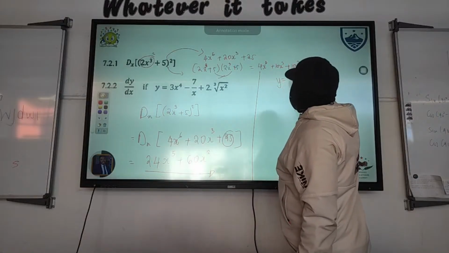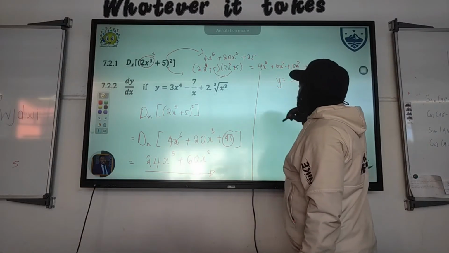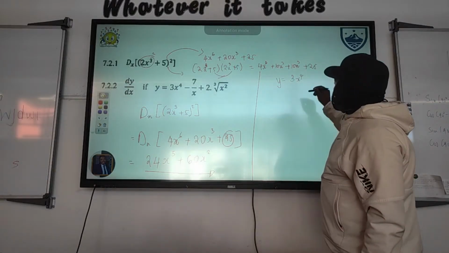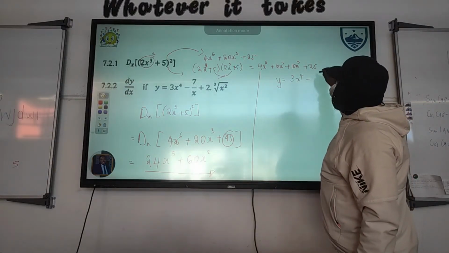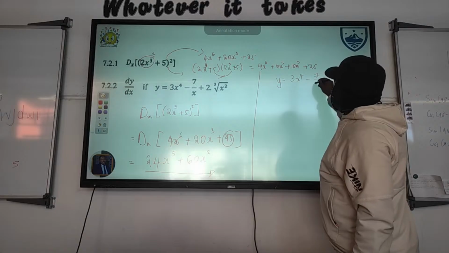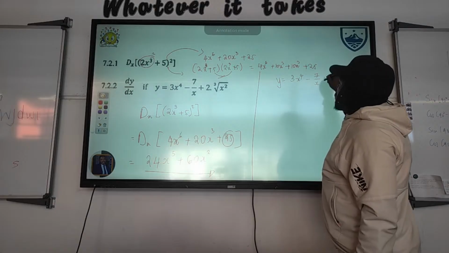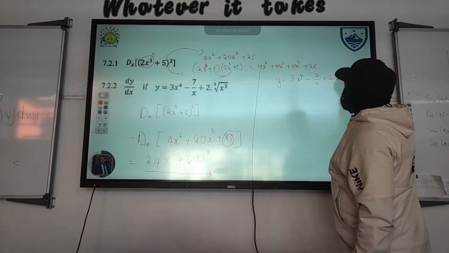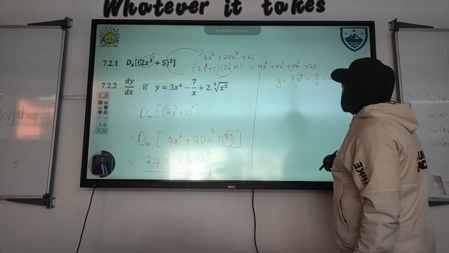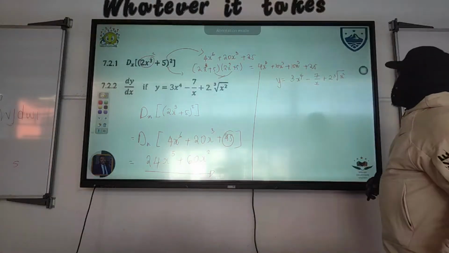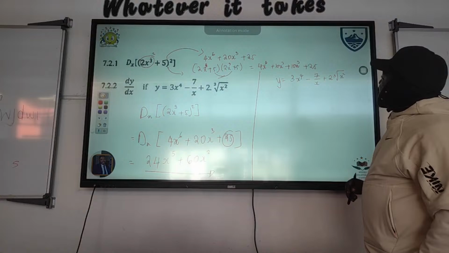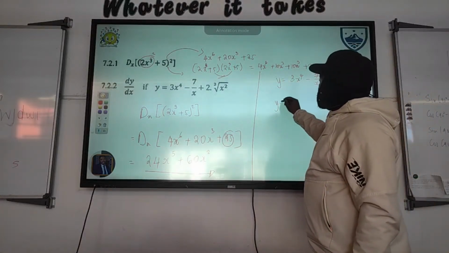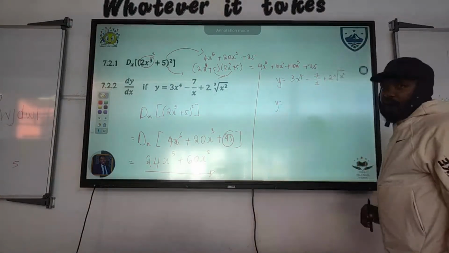Let's see if we can find dy/dx. y is equal to 3x to the power of 4 minus 7 over x plus 2 multiplied by the cubic root of x squared. So we need to simplify this. As we're simplifying, please make sure that you're still keeping it as y.